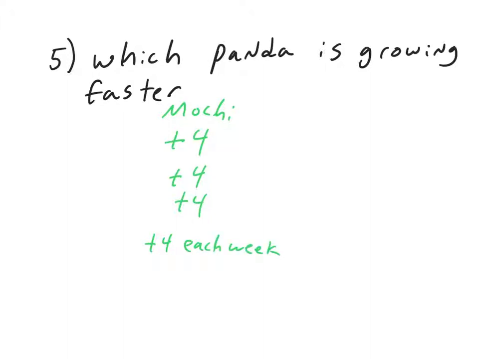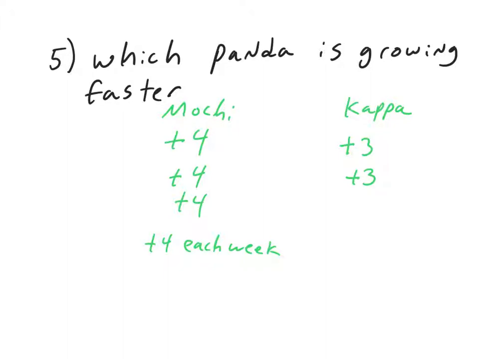Okay, and then we'll look at the table for Kappa. It's kind of the same idea. At week 0, Kappa was at 2 pounds. On week 1, Kappa was at 5 pounds. So that is a change of +3. And then from week 1 to week 2, they went from 5 to 8, which is +3.